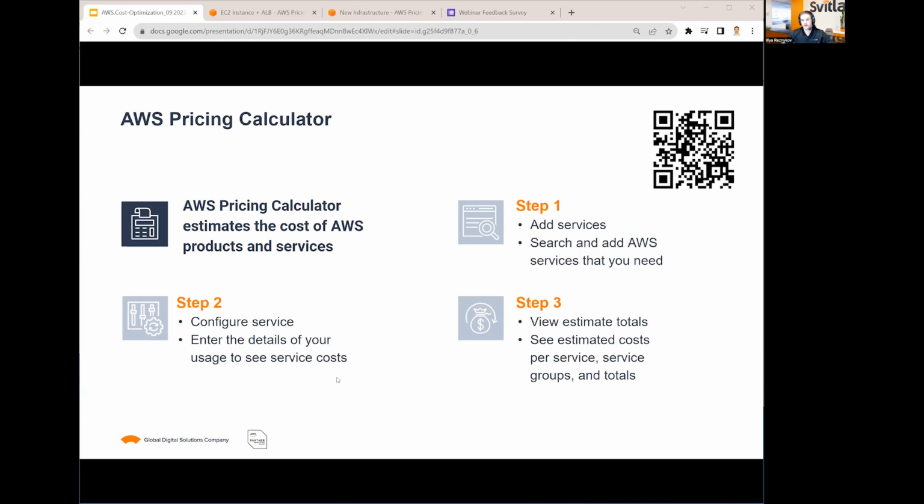It's more or less straightforward. You add services, search for what you need.